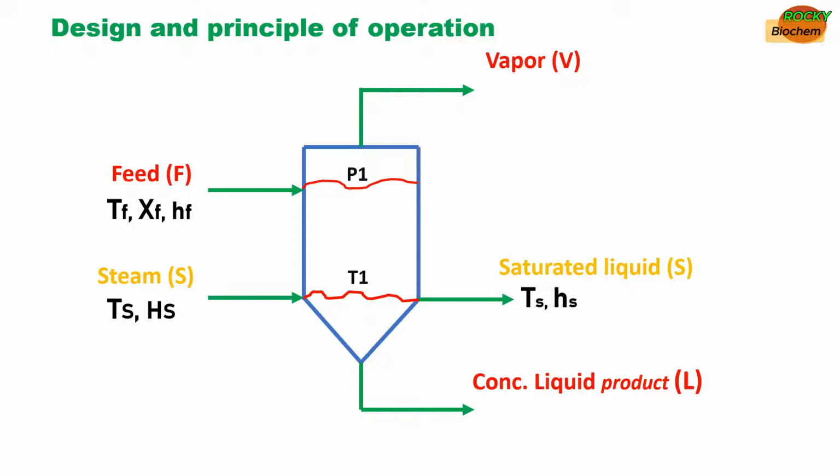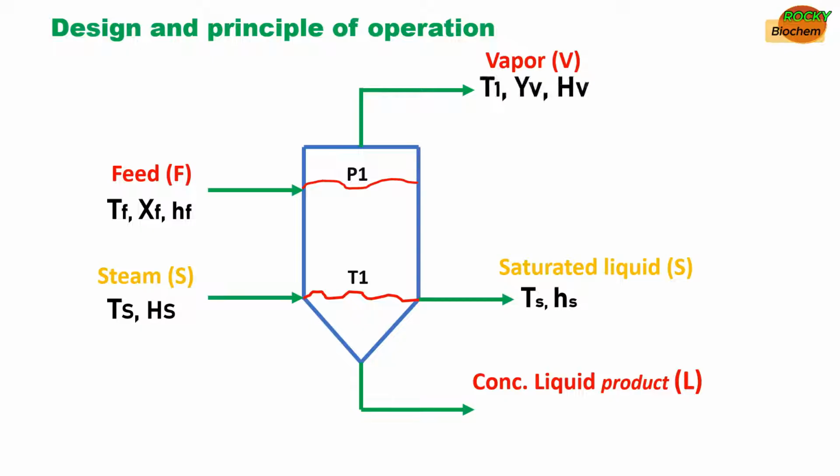So it is just changing state from a gaseous or vapor state to a liquid water state, but the temperature remains the same. That is why TS is the same as the TS for the saturated liquid. And then the small hs here represents the enthalpy, that is the total heat content of the saturated liquid that is exiting the chamber.